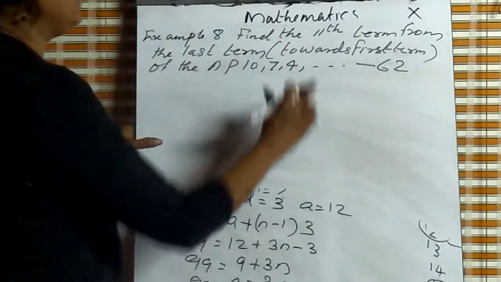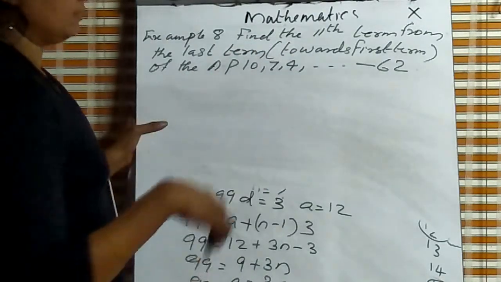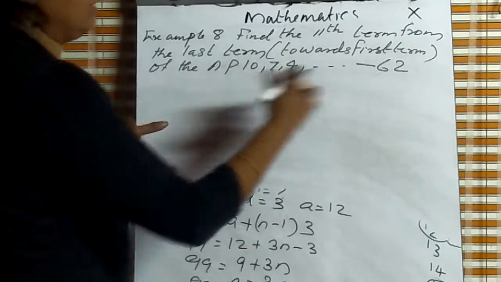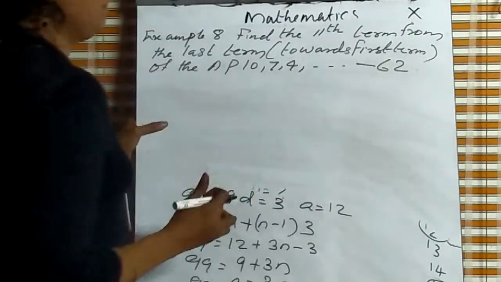Here, find the 11th term from the last term. The last term is given: minus 62.